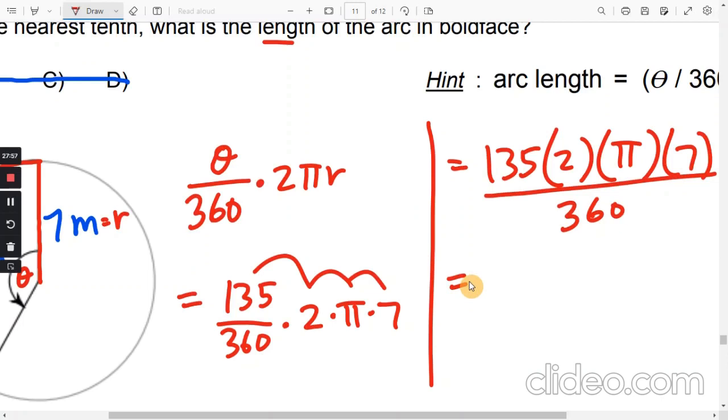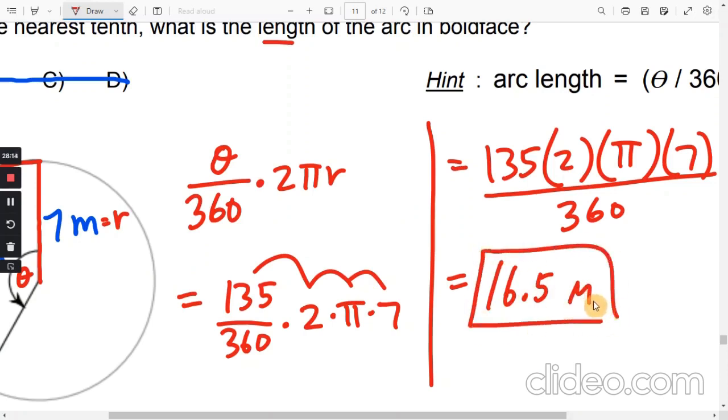Hit equals, and then divide by 360. Hit equals, and I get 16.5 rounded off. The units were in meters, so the arc length is also going to be in meters. It's just the length, so it's not squared, it's just meters. The area gets squared, but not the length.